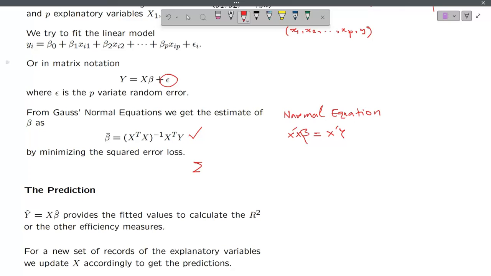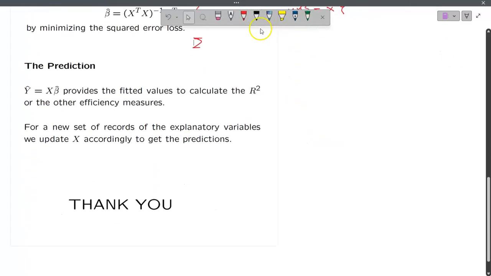We can write down the squared error loss in the multivariate setup. Now the prediction y hat equal to X beta hat.